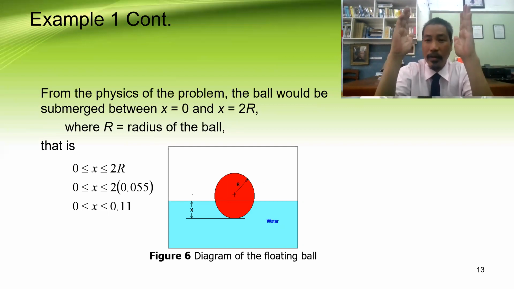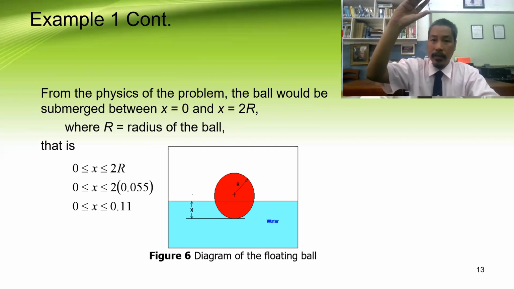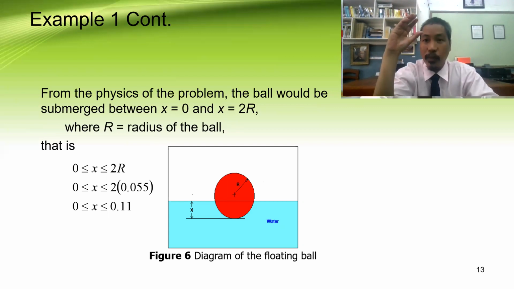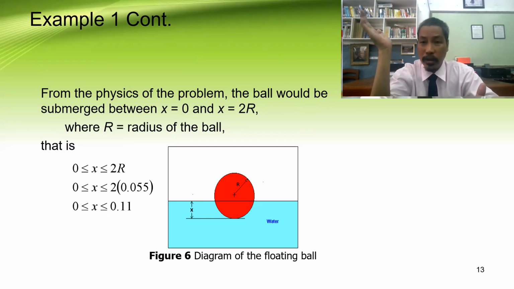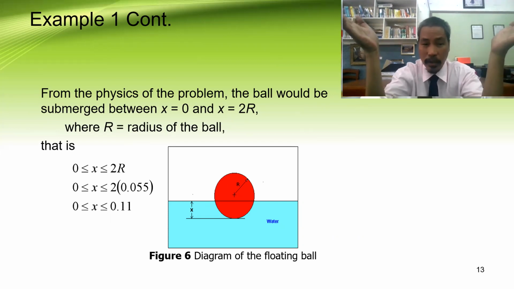X cannot be negative, because if x is negative, that is not just floating in water, that is floating in the air above water. So there's no meaning for x negative. The x value would start at 0 up to the diameter, which is 2r.